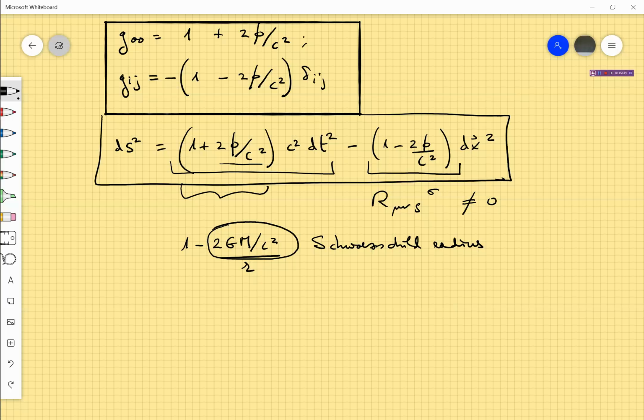You expect the metric to be approximated by this form. And if it is approximated by this form, you just need to read this coefficient here to find what the mass of the object that produces this field is. Okay, so this calculation is important for these two reasons.